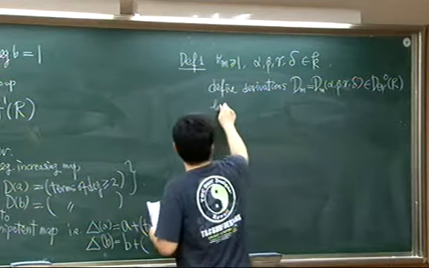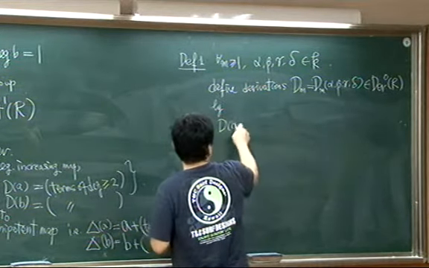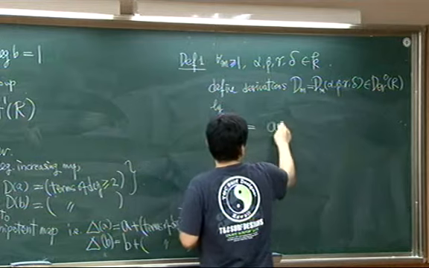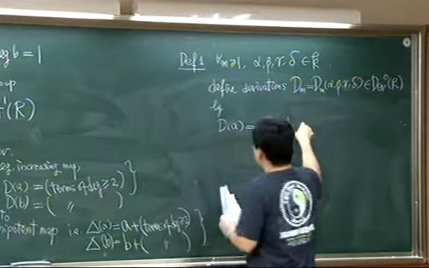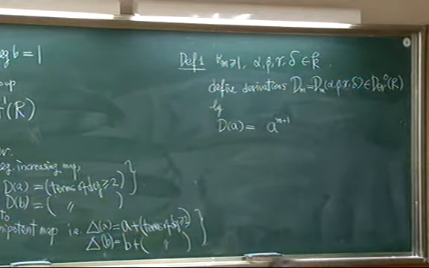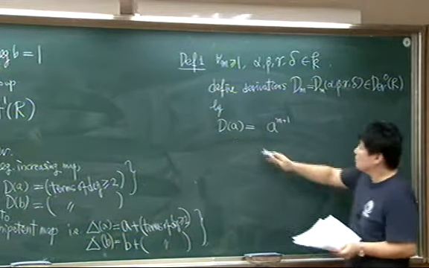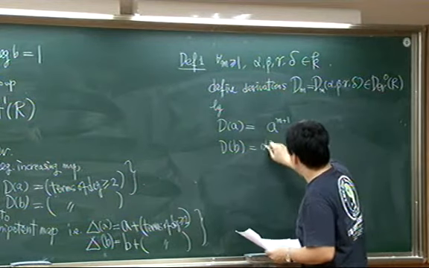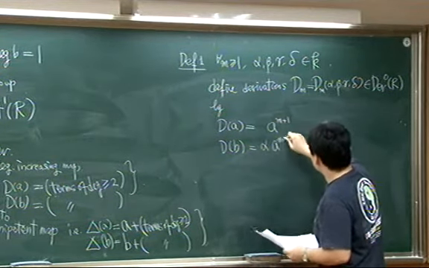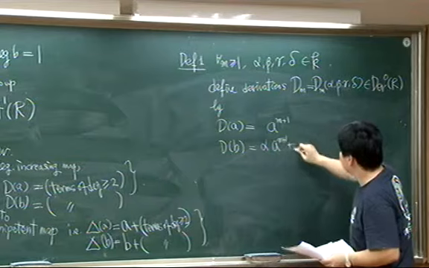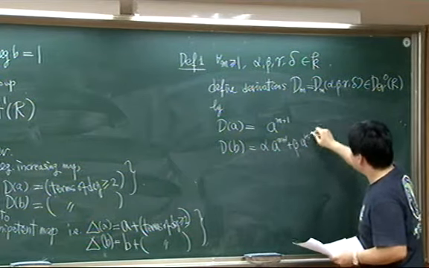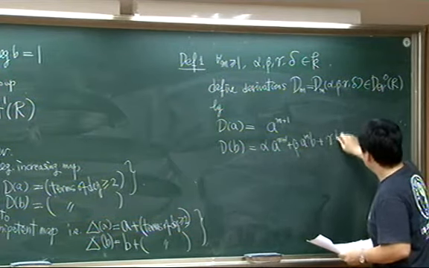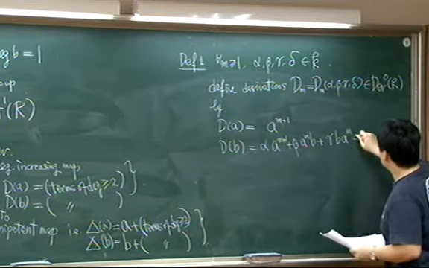The image of A is A to the power m plus 1, and the image of B is alpha times A to the m plus 1 plus beta A to the m B plus gamma B A to the m plus delta.